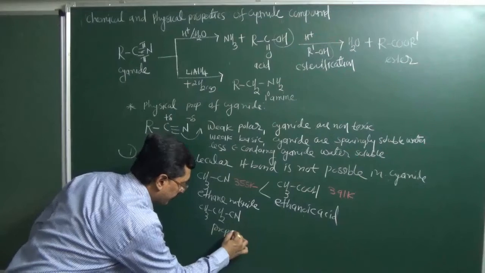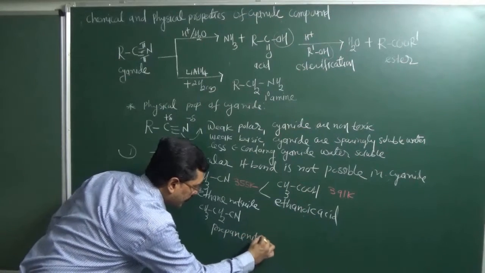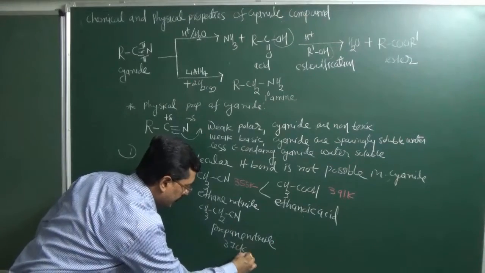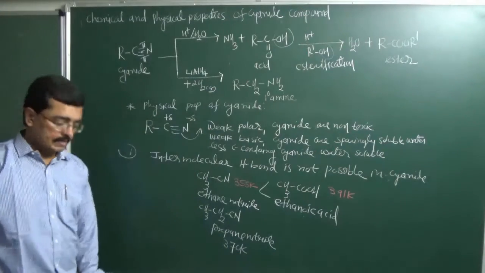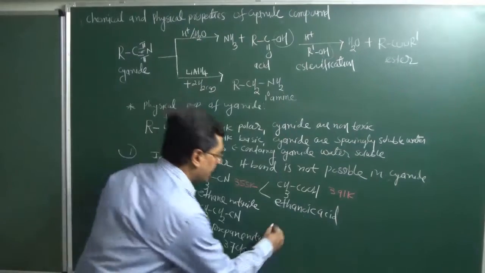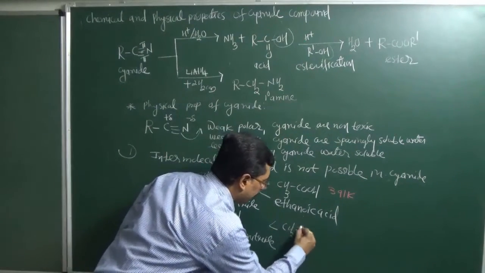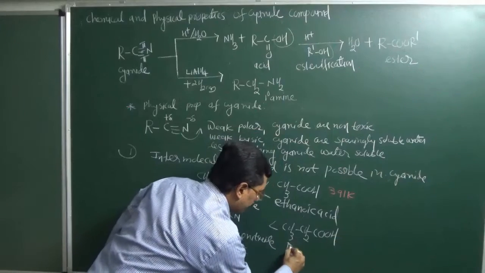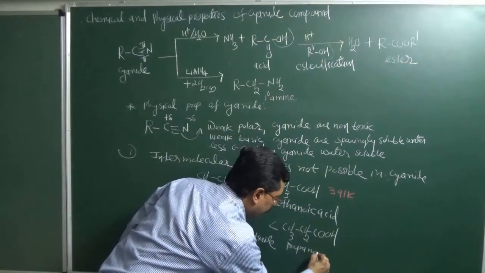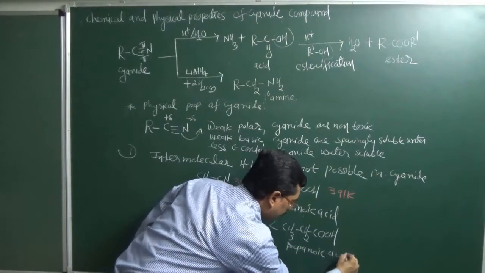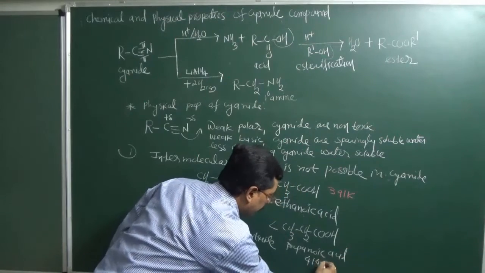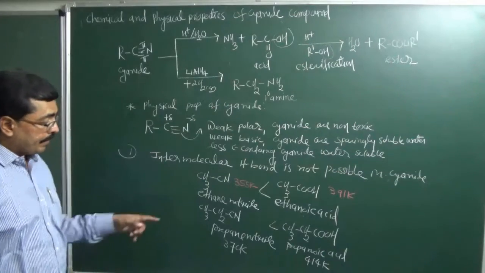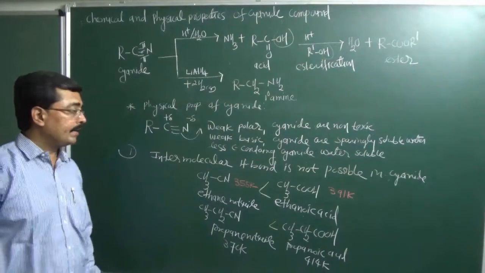This is propane nitrile. It will be in a liquid state and has a boiling point of 370 Kelvin. Now, when we compare it with the carboxylic acid having the same number of carbons, which is propanoic acid, it is observed that propanoic acid, because of the formation of hydrogen bonds, has a boiling point of 414 Kelvin, while propane nitrile has 370 Kelvin.